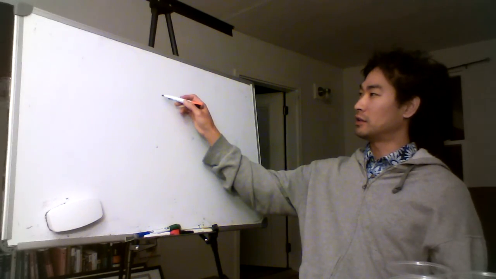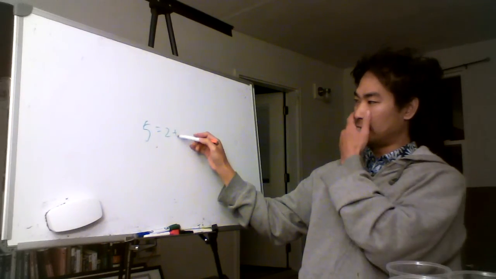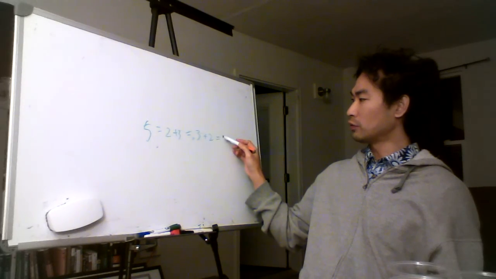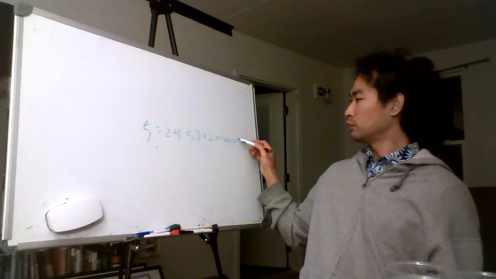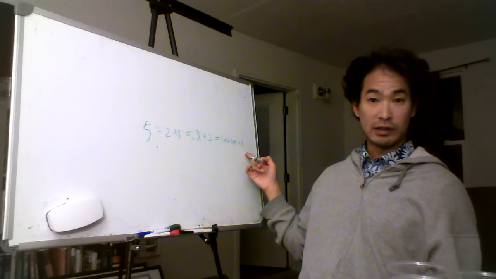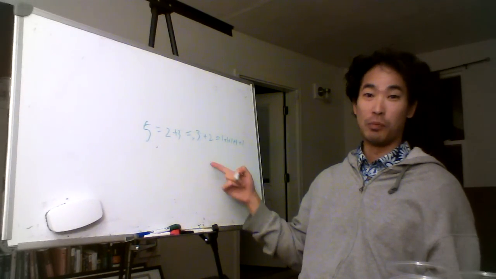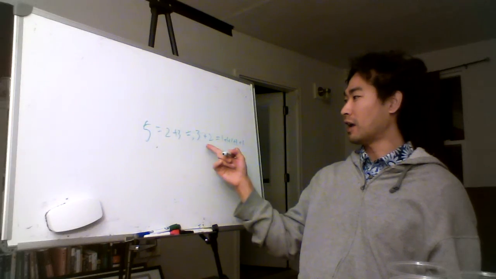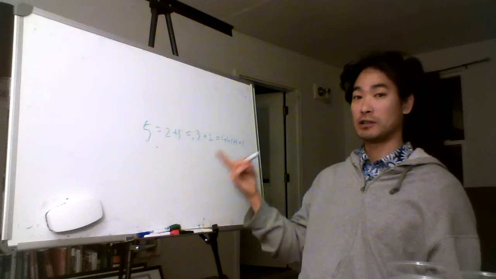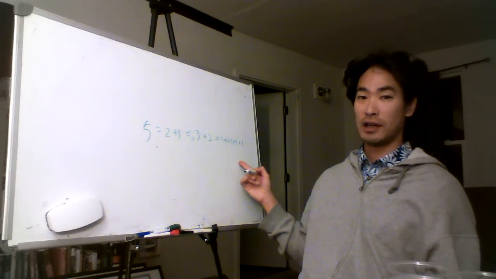What I mean is this: 5 is equal to 2 plus 3, is equal to 3 plus 2, is equal to 1 plus 1 plus 1 plus 1 plus 1. They are mathematically equivalent expressions, but they are not linguistically or morphologically the same. Because they have different looks, they're different expressions, linguistically speaking. Mathematically they are equal, but linguistically they are different.